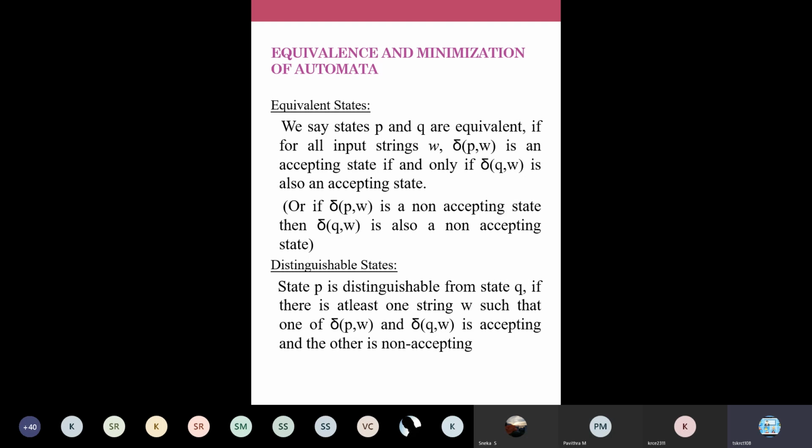You give a string to one state and it goes to accepting; if you apply the same string on another state and it goes to non-accepting, we can call them distinguishable states. This is the terminology or definition we are going to use. The same thing you are going to use in your problem also. So we'll go to the problem straight away, and you will understand more.